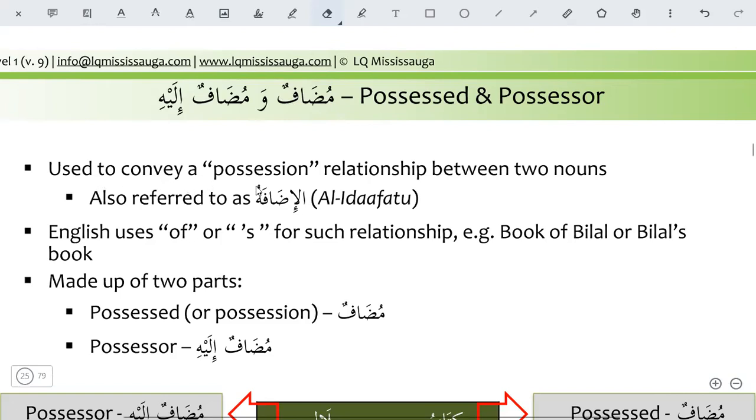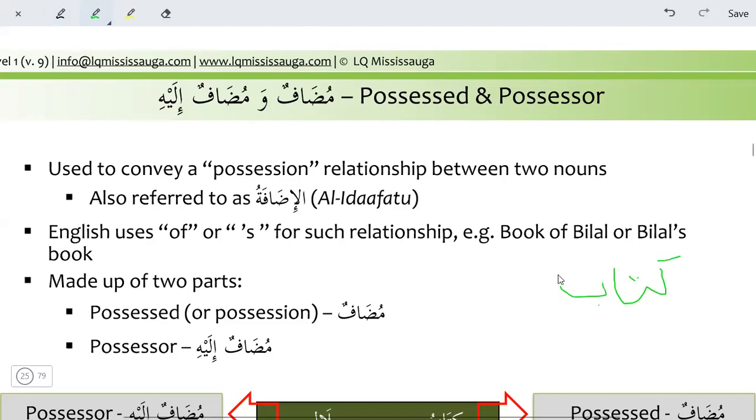It is used to convey a possession or relationship. When we have to narrate the possession of a thing, like kitabuka, your book. You see here, kitabun anta, book your.